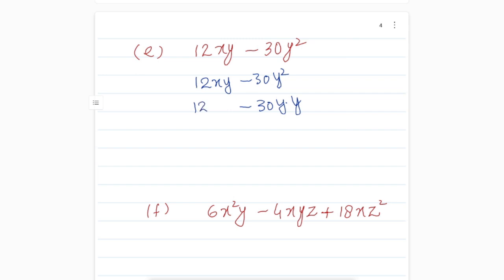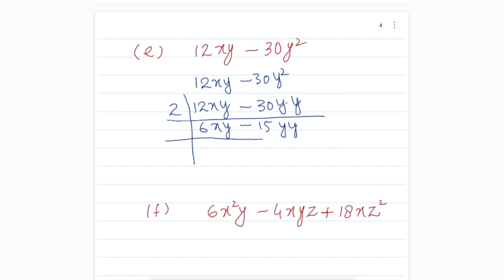Let's see now. 12xy. What is the number which is dividing both 12 and 30? Which is 2. Okay, 2 6s are 12, xy, minus 15y. Okay, now we can see that 3 is a common divisor, so we'll be dividing by 3. 3 2s are 6, xy, minus 3 5s are 15, y.